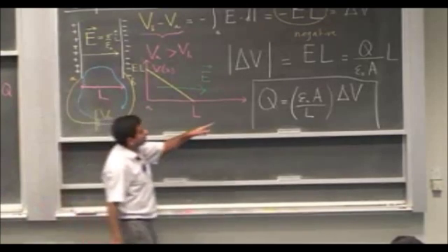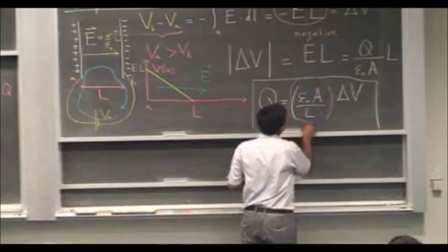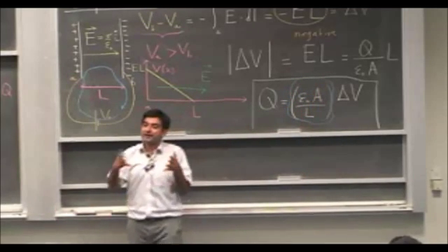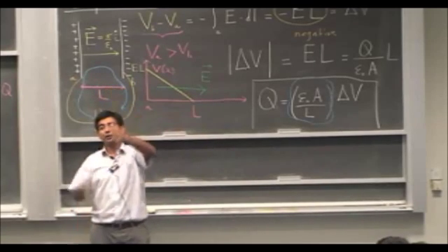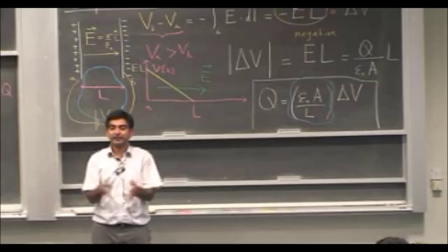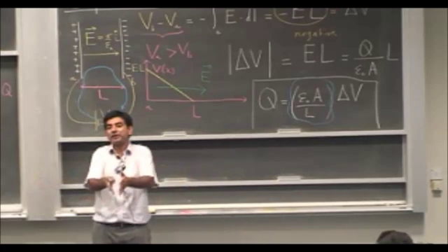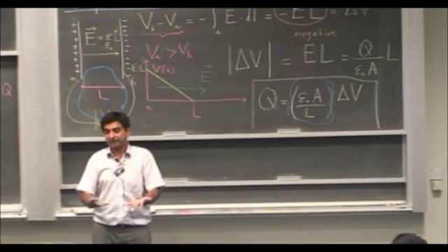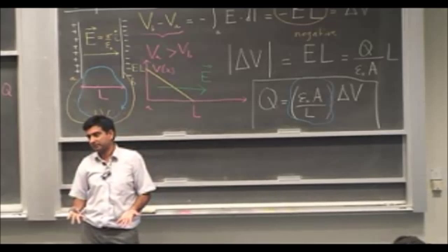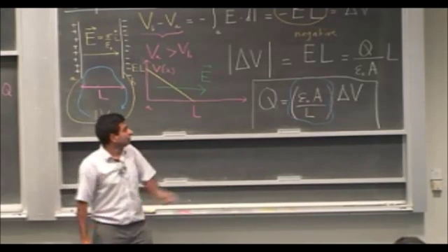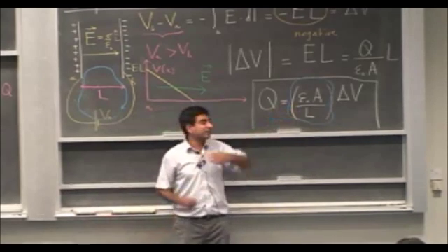And the point I would like to make is that the charge is proportional to delta V. And here you have a factor that only depends upon the geometry of this capacitor. How big are the plates? What's the overlap area between the plates, and how far apart are they? Even though putting the plates further apart or closer together doesn't change the electric field, it will change the amount of charge that is stored on the plates if you apply a constant potential difference. So this geometrical factor also has a contribution from the medium.